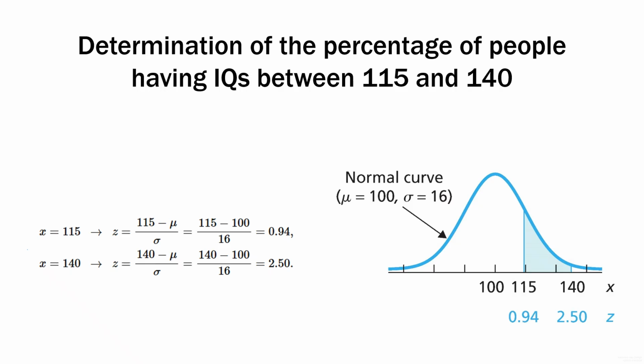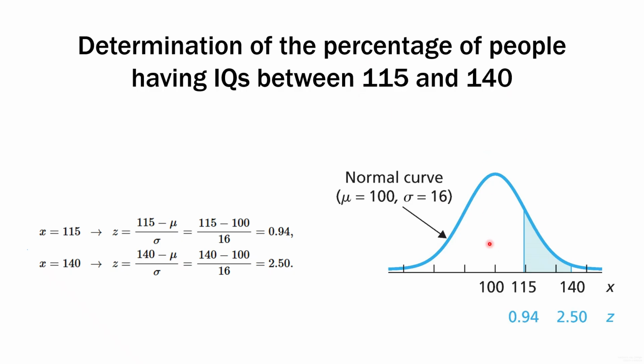Let's follow our steps. First, sketch yourself out a normal curve. Our mean is 100, so we know that curve is going to be centered on the mean here. And it's asking us next to shade the region of interest. The region of interest is the IQs between 115 and 140.